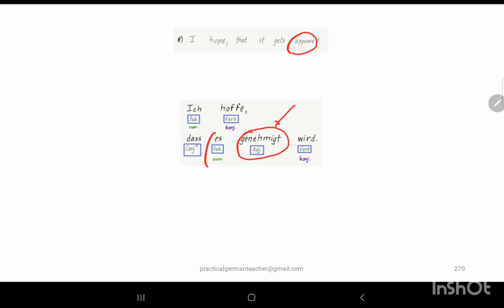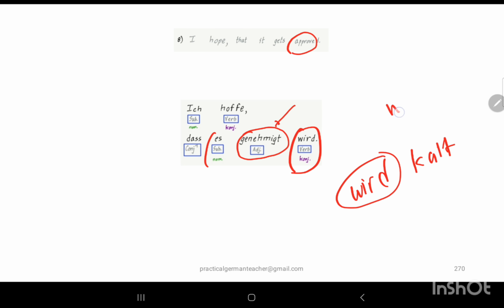So whenever you want to say it gets, es wird, for example, the tea gets cold, you will say der Tee wird kalt. Werden has many different ways to use. One way is when you are talking about future, I will, he will, she will, it will. Also, when you are saying, for example, it gets cold, or something is changing.